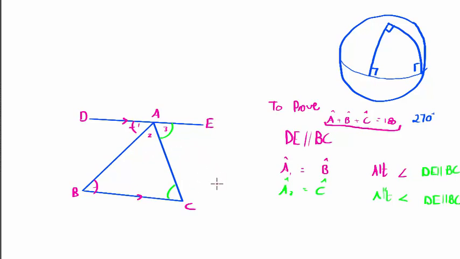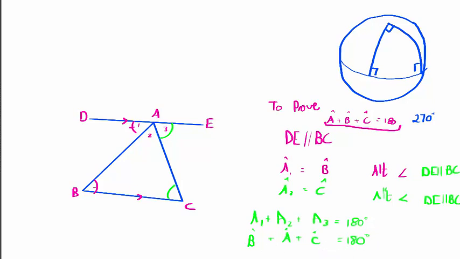What's your point? Angle A, the whole of A, is equal to 180. In other words, A1 plus A2 plus A3 is equal to 180 degrees. And since A1 is equal to B, you're just replacing now, and A2 is just equal to A, and A3 is just equal to C. There we've proven that angle A plus B plus C is 180 degrees.